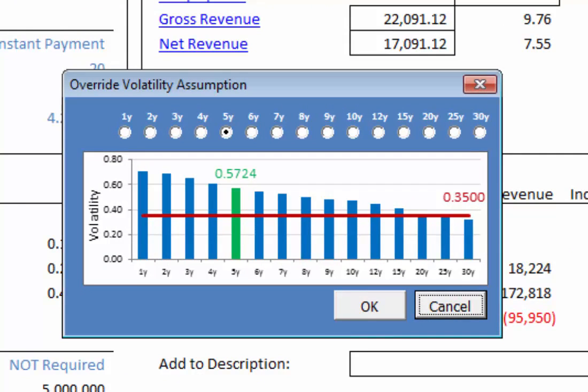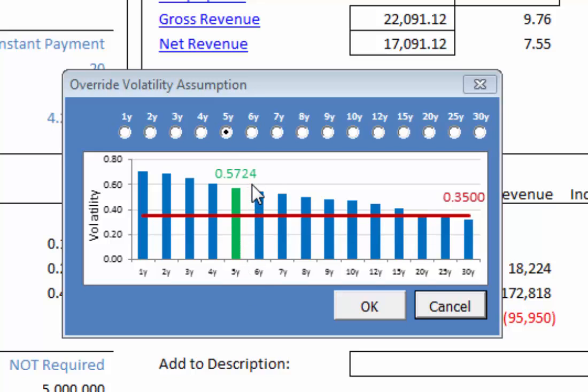First, you can see that there are 15 volatility points in the term structure of implied at-the-money 3-month LIBOR cap volatility. They range from 1 year to 30 years. The model selected this point here that is the closest to the term of the loan. So you see the 5-year volatility point is green.